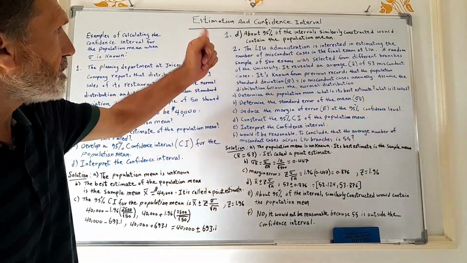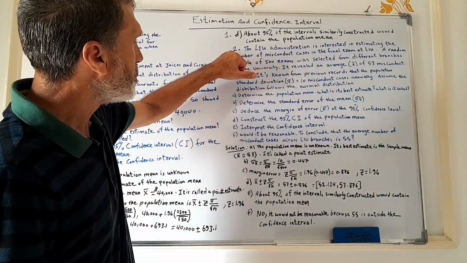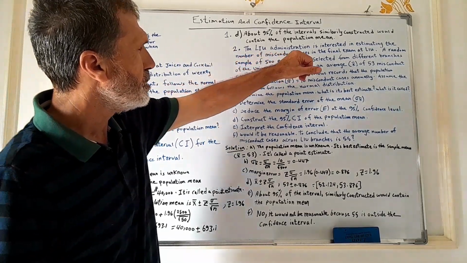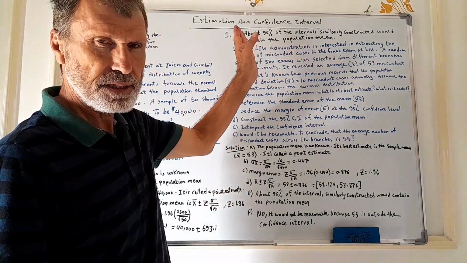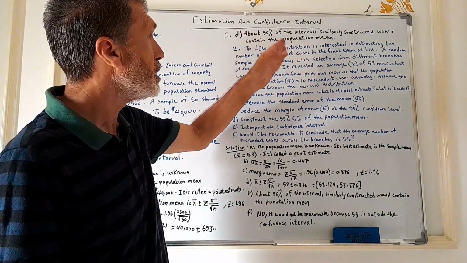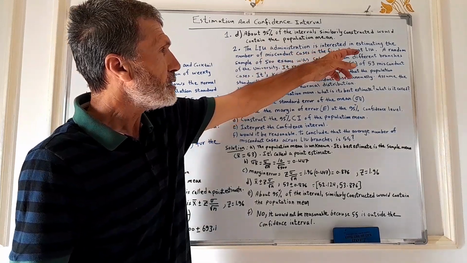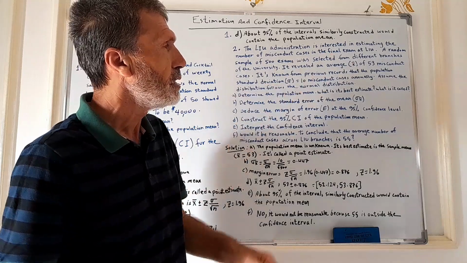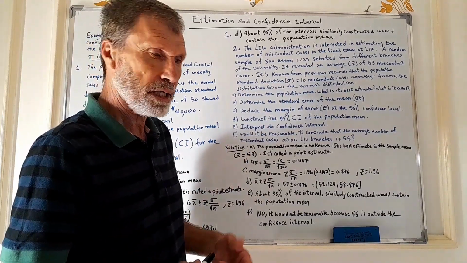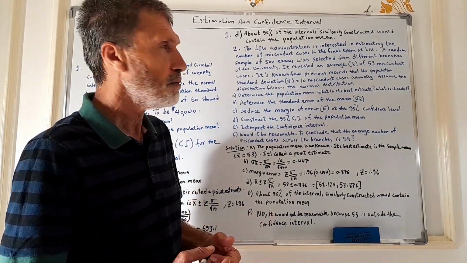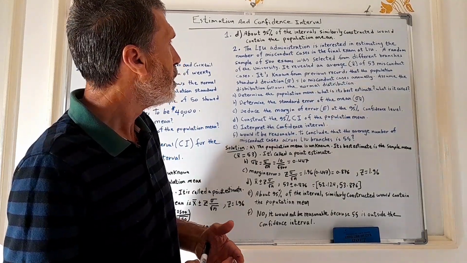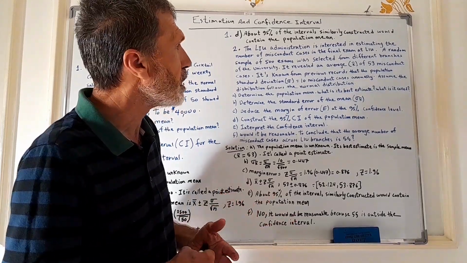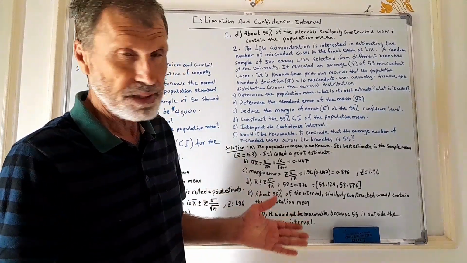Now we have another example, example number 2. It says the LIU administration, the Lebanese International University, is interested in estimating the number of misconduct cases in the final exam at LIU. You would like to know the mean number of misconduct cases, such as cheating, at LIU campuses.